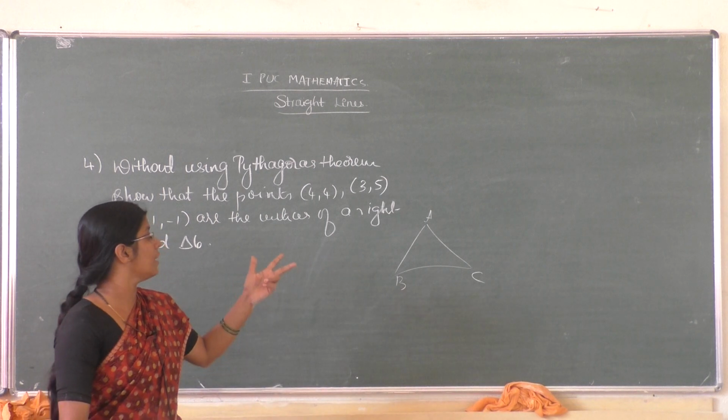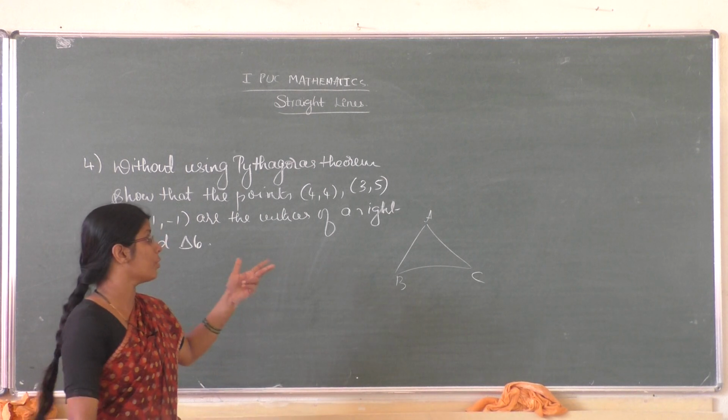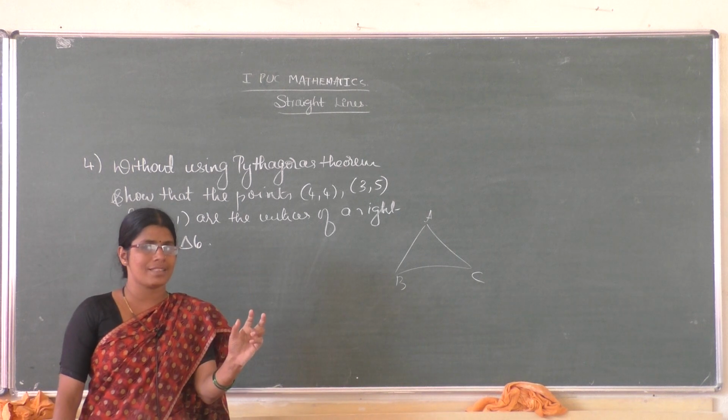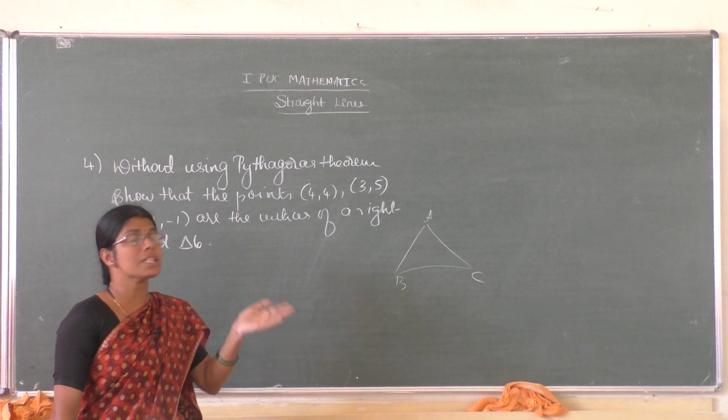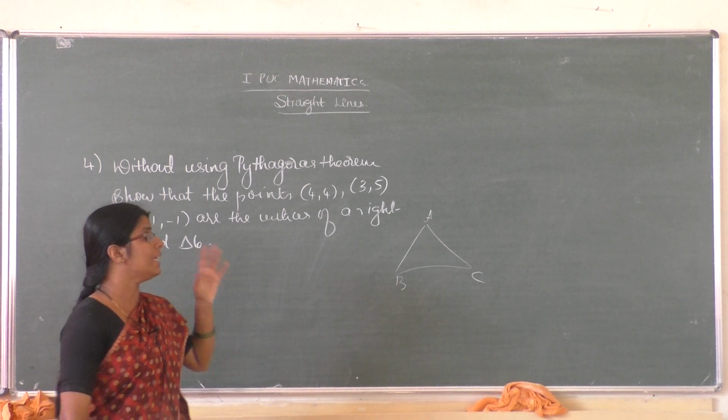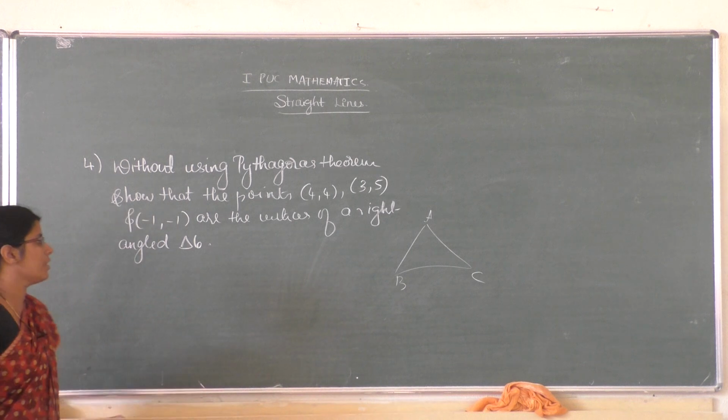So, if you consider any two lines, if the slopes are negative reciprocal of each other, that means the product of slopes of any two lines equals minus 1. So we prove that.